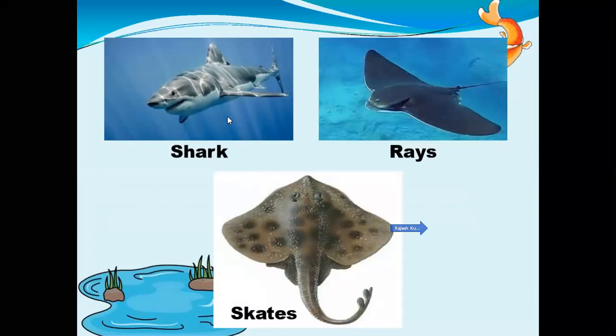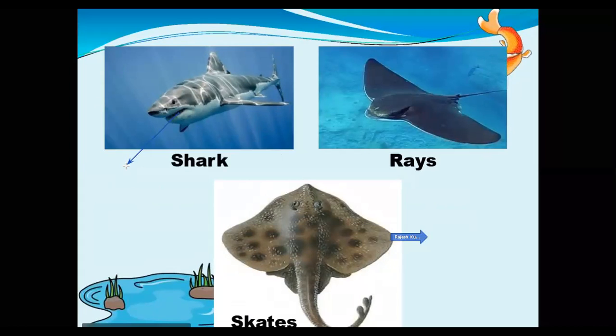Look here, this is a shark. A shark is a very strong, powerful fish found in sea water, salty water, and it has very sharp teeth. You can see here, these teeth are very sharp, and this is a bony structure.